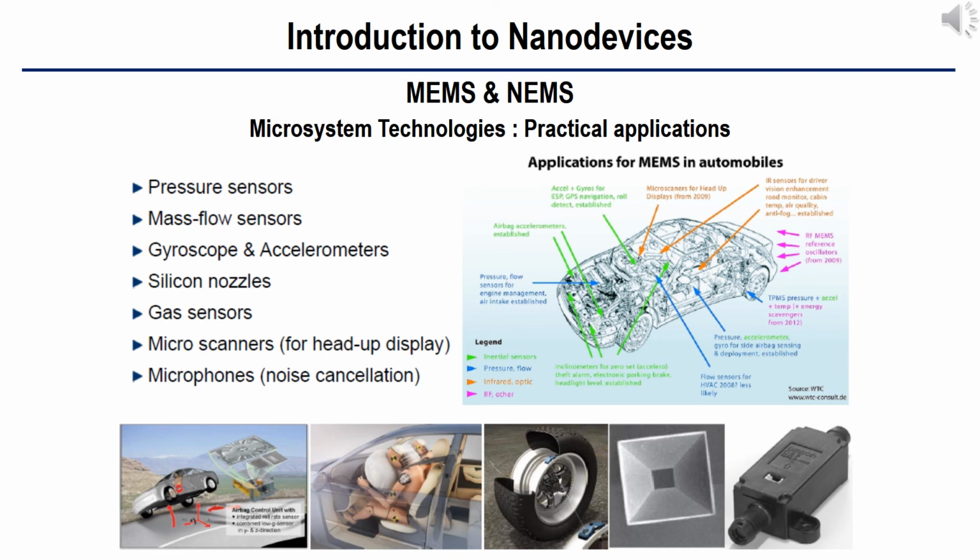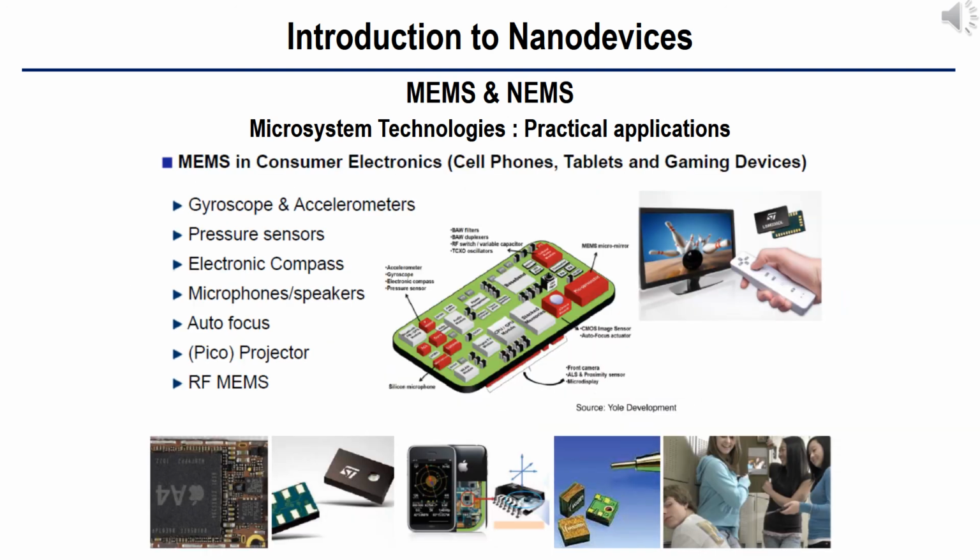For example, MEMS and NEMS can miniaturize and distribute pressure sensors, mass flow sensors, gyro sensors, silicon nozzles, gas sensors, LiDAR, microscanners, microphones, and so on, anywhere in the car. In this slide, you can find the practical applications of MEMS and NEMS for smartphones.